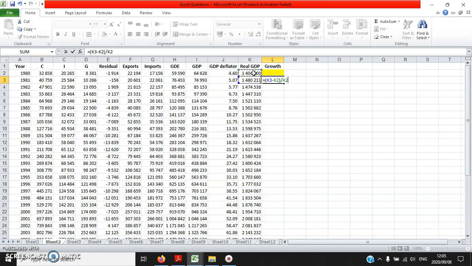So bracket K3 minus K2, close bracket, divided by K2. Okay, it is 5%.